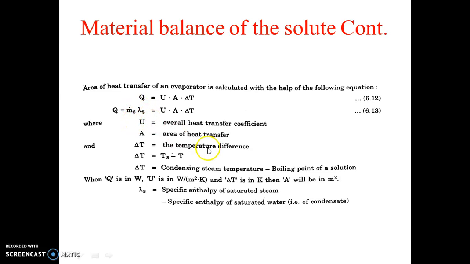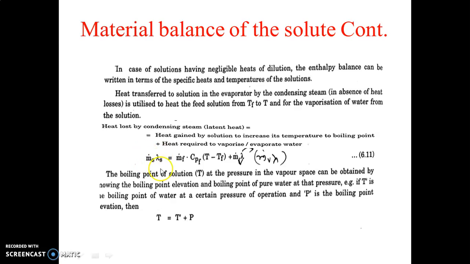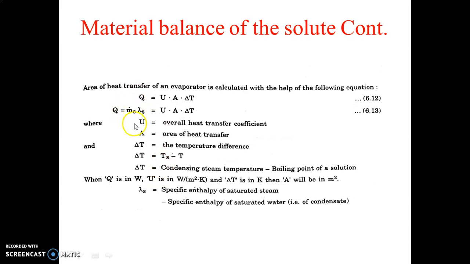That means this quantity we have to feed here. Okay. And U, that means the overall heat transfer coefficient, is given in the problem. Then A, we have to calculate that area, and delta T is nothing but the temperature difference.